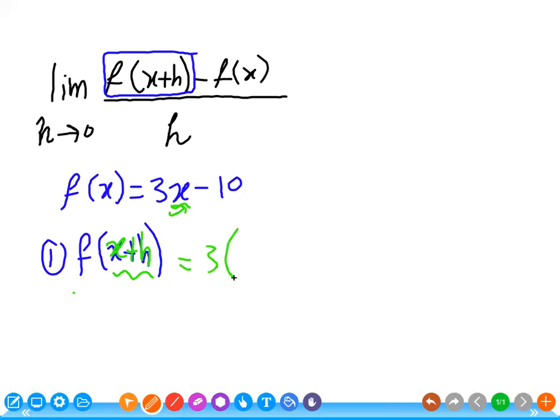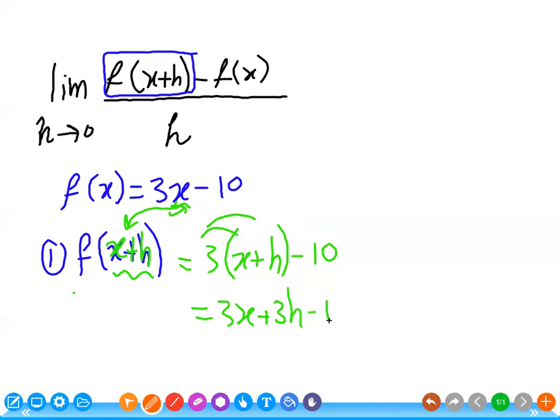Plug in, then you will have 3 multiplied by x plus h, minus 10. Then you simplify. That will give you 3x plus 3h minus 10. Now, this is the first part. Now, I'll skip part 2, and I will go directly to part 3.